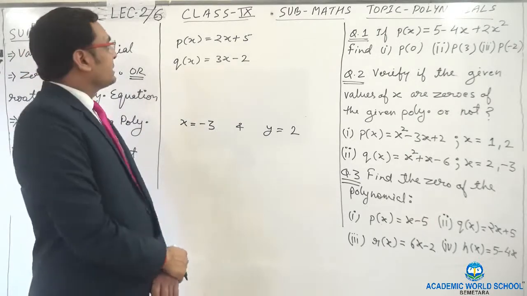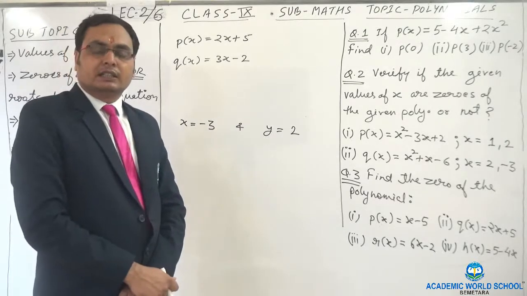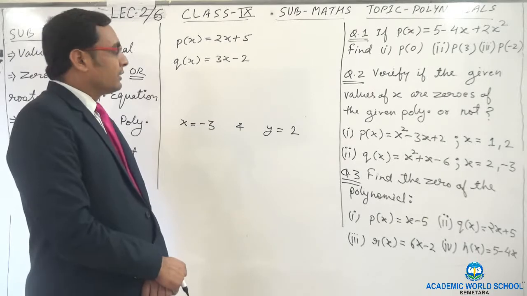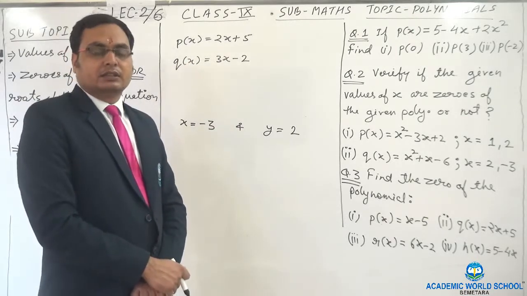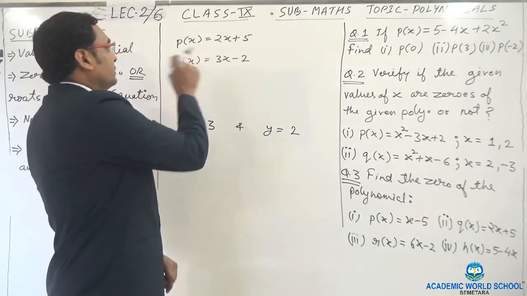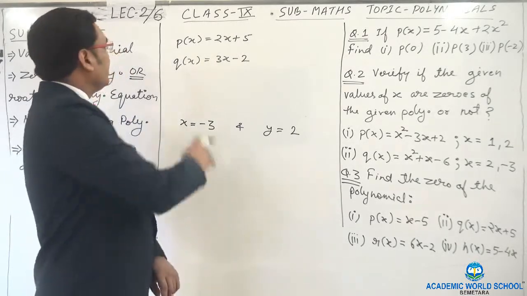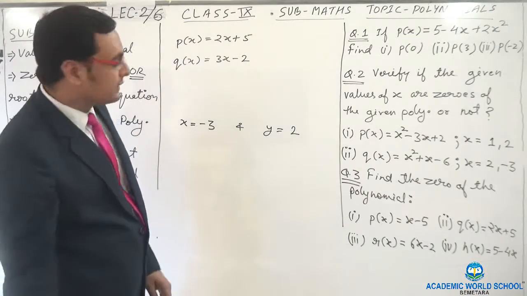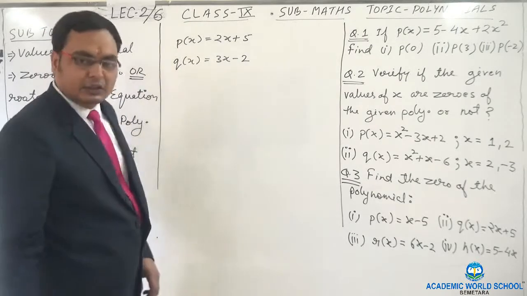Now if I ask you which one is greater or which one is smaller, definitely we cannot tell by seeing only these variables. But if we assign some definite value to this variable x, then surely we can find the value of this polynomial at that given value of x, and then we can compare which one is greater, which one is smaller.